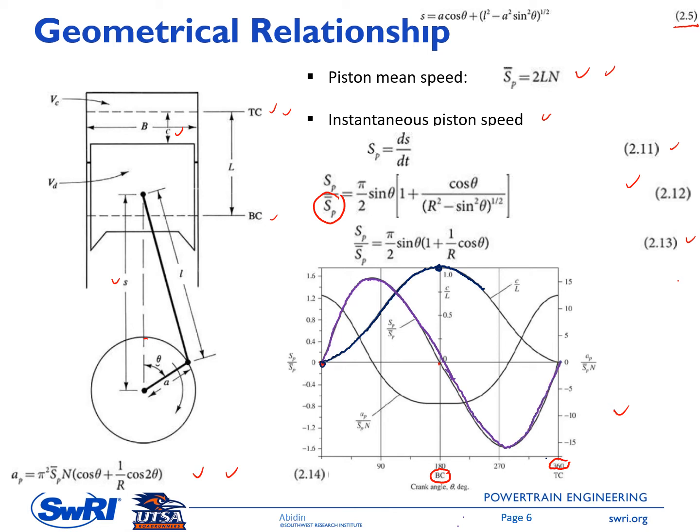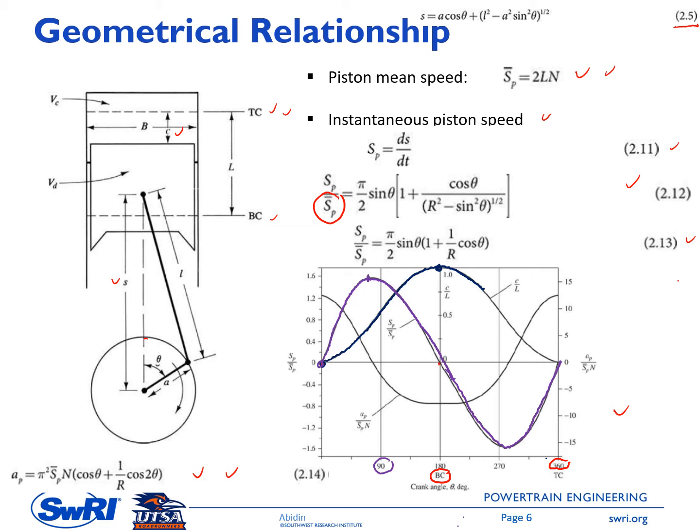This is the instantaneous piston speed normalized by the piston mean speed. The piston speed is 0 when the piston is at top center, and then it increases. What is important here is that the maximum piston speed is not halfway between TDC and BDC, but happens before 90 degrees. You can see the maximum piston speed here.